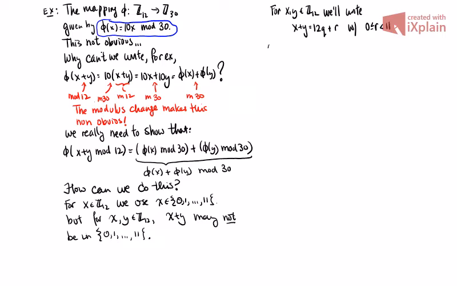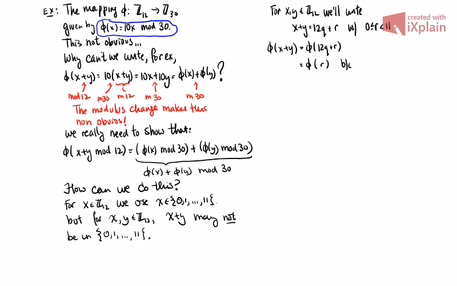So then what happens is when we take phi of x plus y, we have to think through this very carefully. When we take phi of x plus y, this becomes the same as phi of 12q plus r. Now, because 12q plus r is in Z12, inside here this is congruent to r.